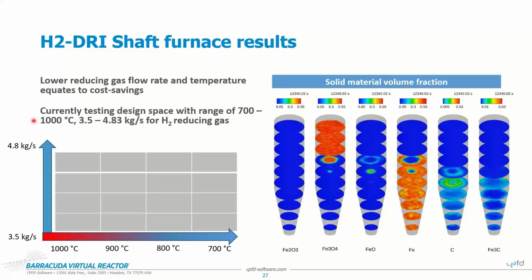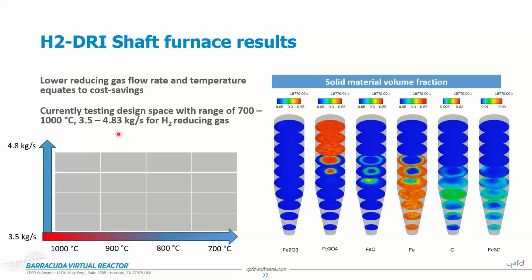And so ultimately operating at a lower temperature, lower flow rate is going to equate to cost savings. And so we tested over a design space ranging from 700 to 1,000 Celsius and 3.5 to 4.8 kilograms per second for that reducing gas.